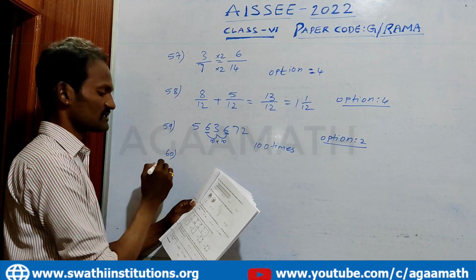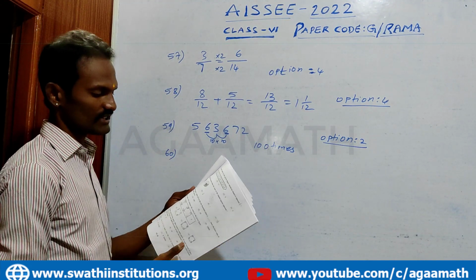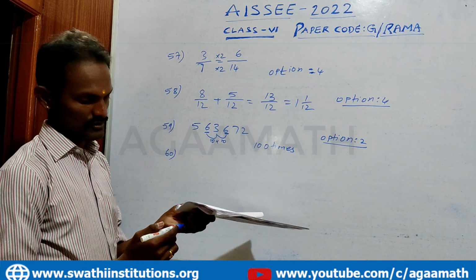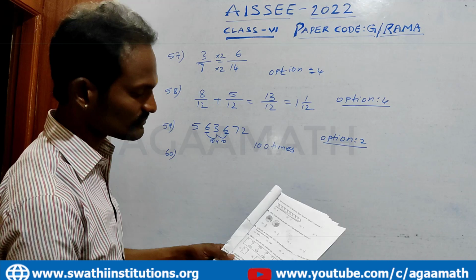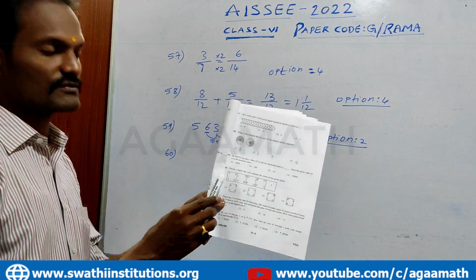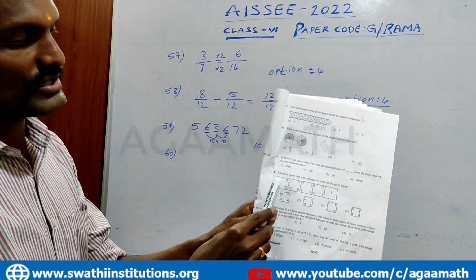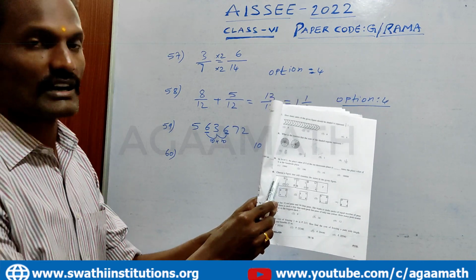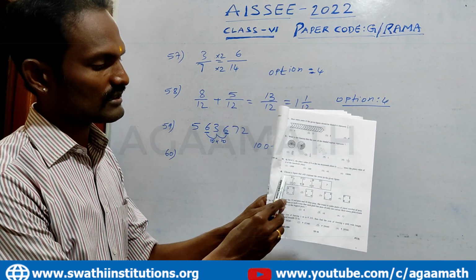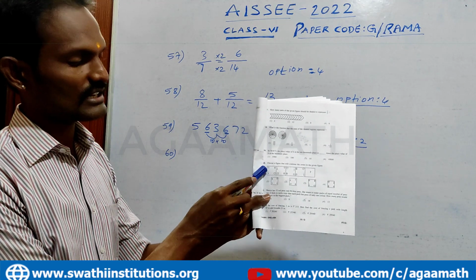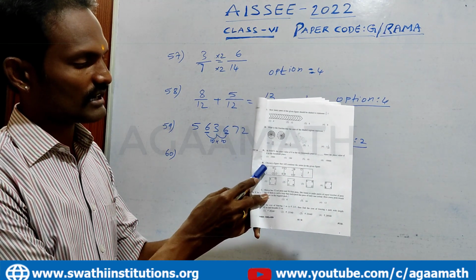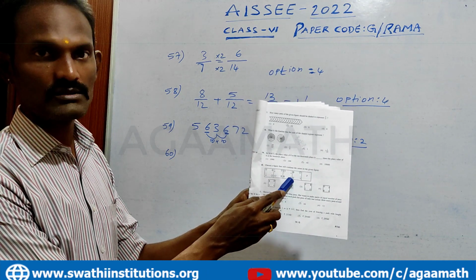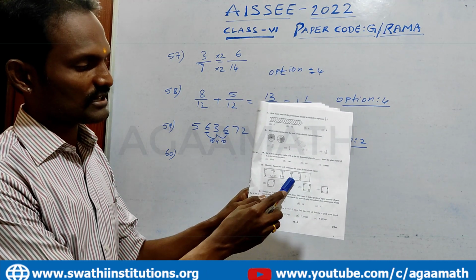Now let us come to the 60. Choose a figure which continues the series. I just focus on the small circle here. See the circle at the left top corner, and then it moves to the right top corner, and again the next time it comes down to the right, and again it comes to the left.